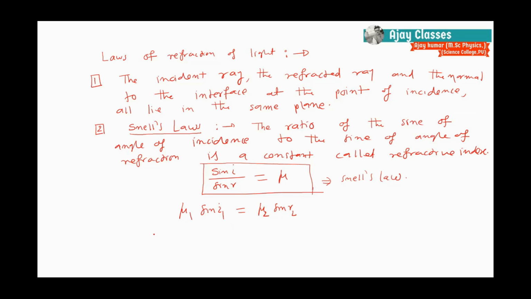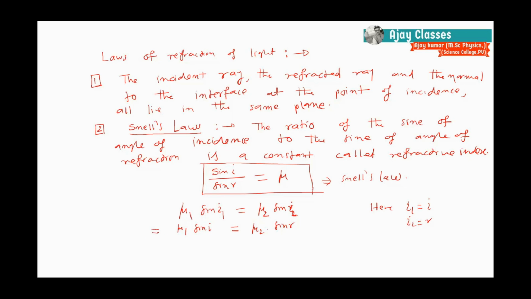Now we restrict our discussion to the angle of incidence I in general, and I2 is taken as R, so that I and R can be related by this formula: mu1 sin I equals mu2 sin R.